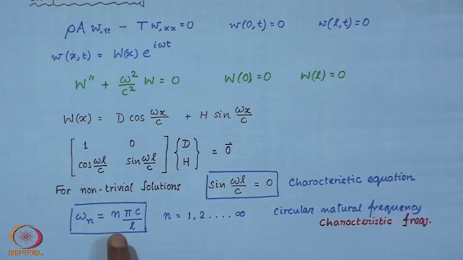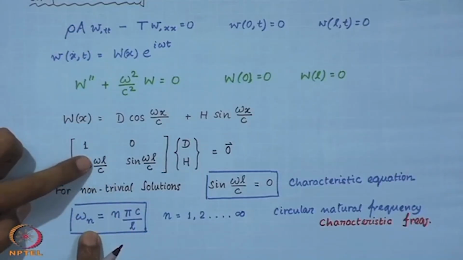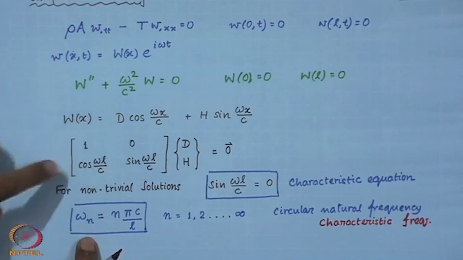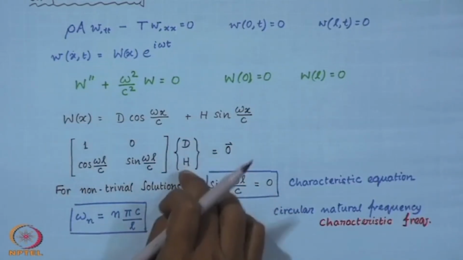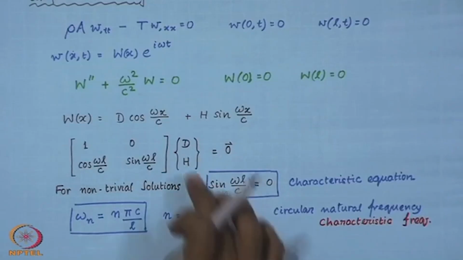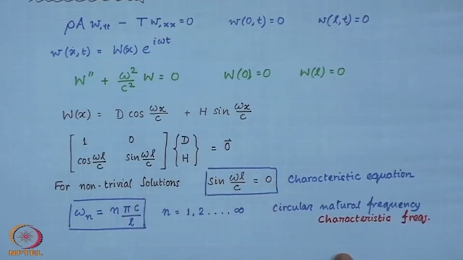Now, once we find these special values of omega in this matrix for which we have non trivial solutions, then we can really find those non trivial solutions by finding the corresponding d and h values, which look like this.